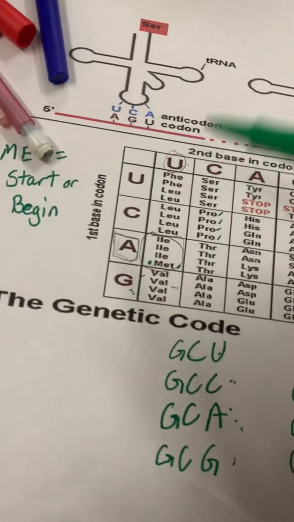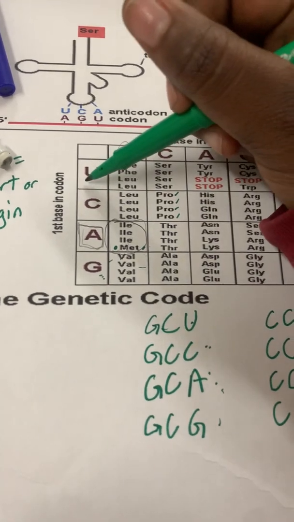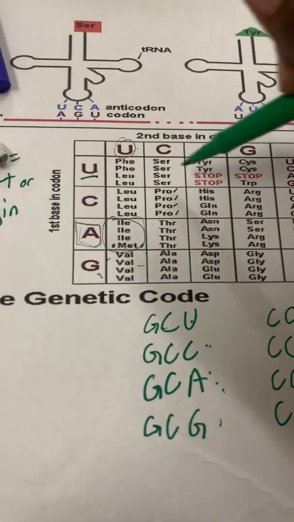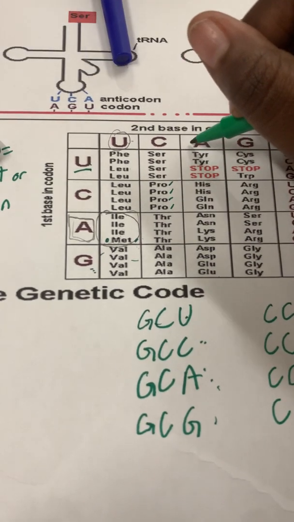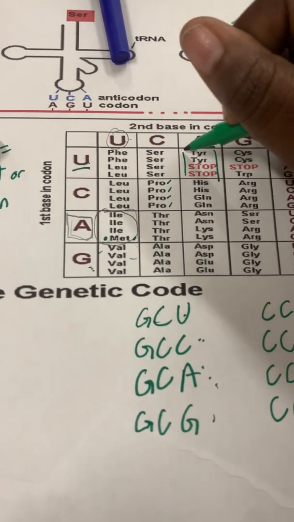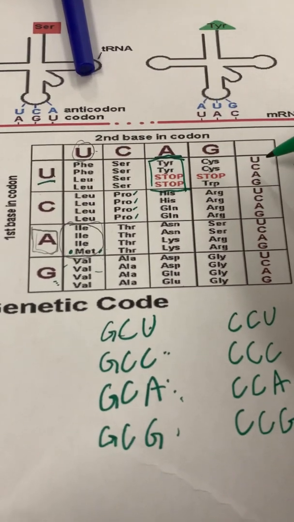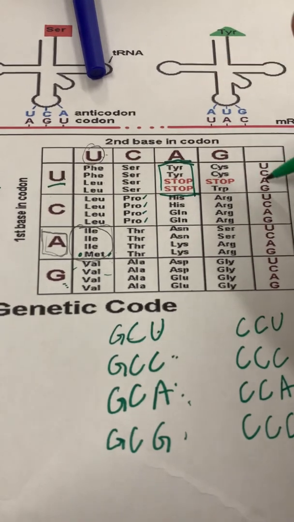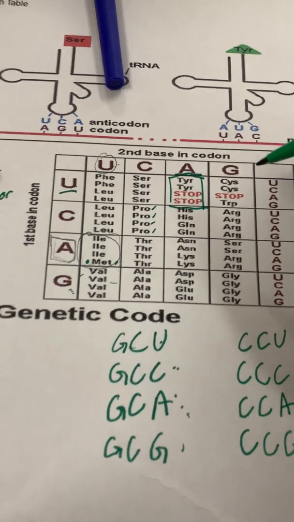So not that U. Let's start over. First letter, U, right here, looking at this row at the top. Second letter, A, looking at this box right here. Now I'm just focusing on these 4. And then my third letter is an A. UAA is going to lead to a stop signal.